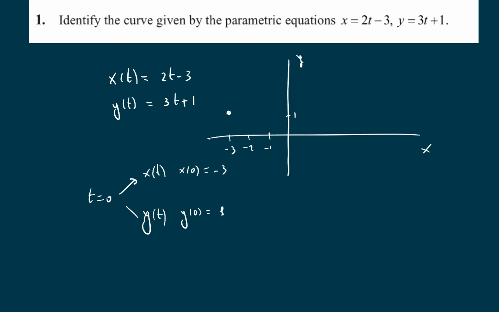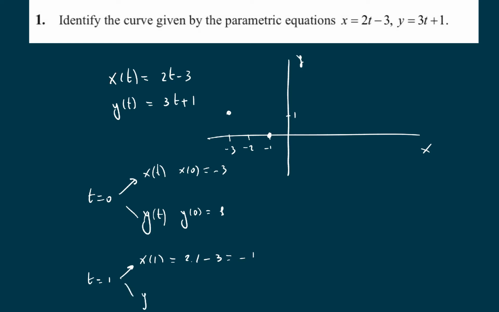As the parameter t is moving, maybe t equals 1, what would happen? The x at time 1 will be 2 times 1 minus 3, which is minus 1. So the object is at x equals minus 1. He has moved to the right.